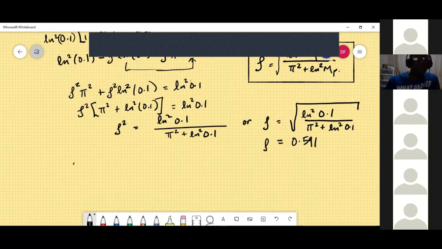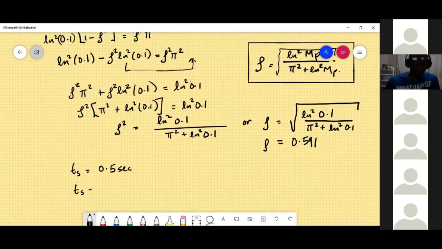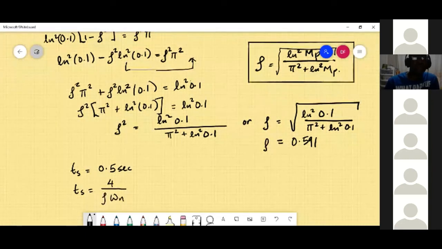So we know that settling time is 4 divided by damping ratio times omega n.